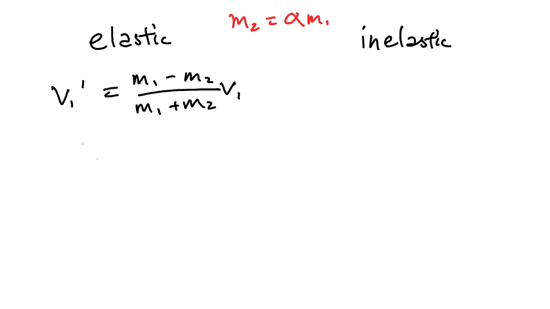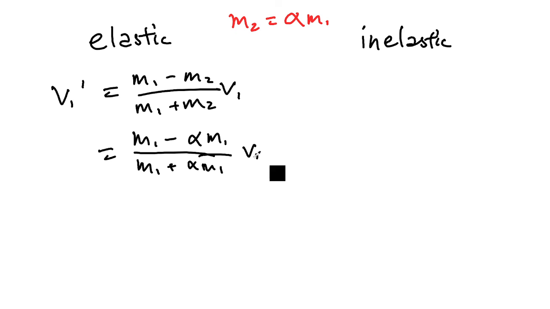So we can say that this is equal to m1 minus alpha m1 over m1 plus alpha m1. This is multiplied by v1, which in this case is going to be v0, right? And we don't even need the prime here because it's denoted as v1.